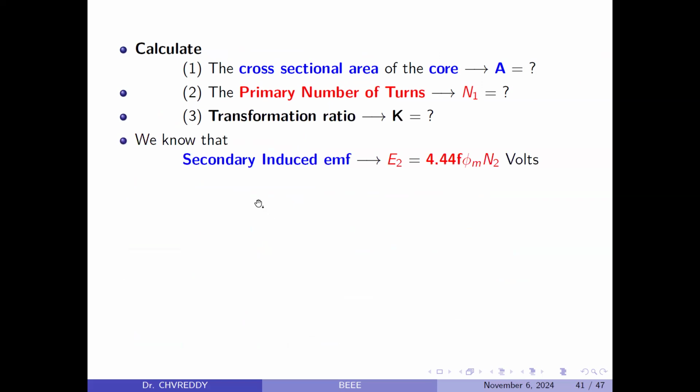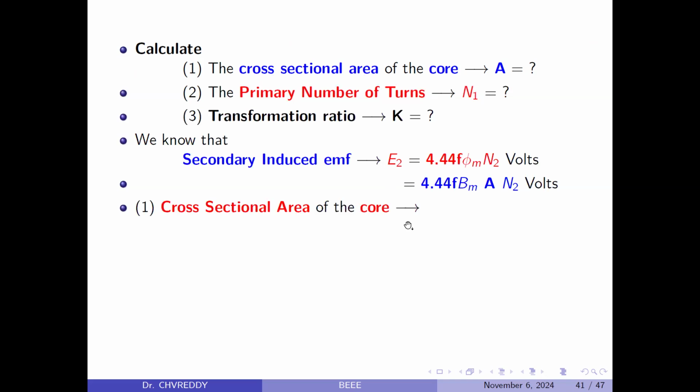We know that the secondary induced EMF E2 equal to 4.44 F phi m N2 volts, where phi m equal to Bm into A. Now you can substitute Bm into A. In the problem they are asking the cross-sectional area of the core, so A equal to E2 by 4.44 F Bm into N2.